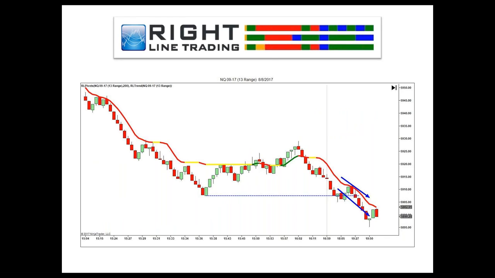Now, same thing here. Okay, same thing here. Now, this is a multi-candle push-up and a very risky trade right back down into a pivot.